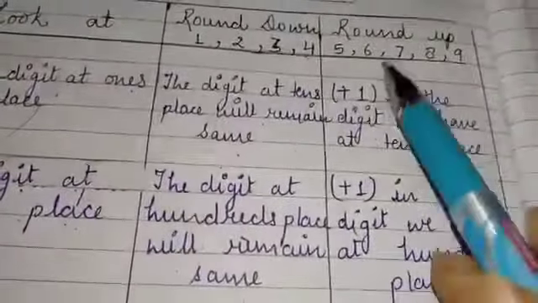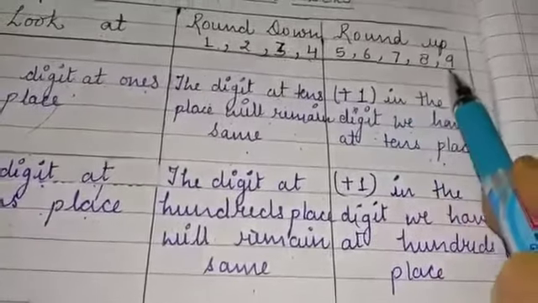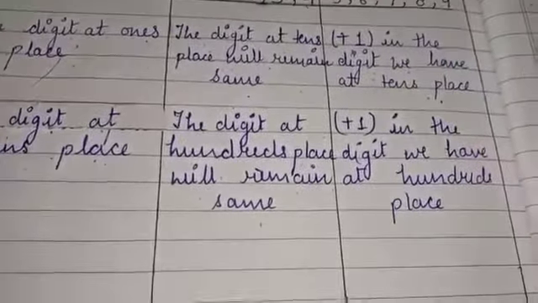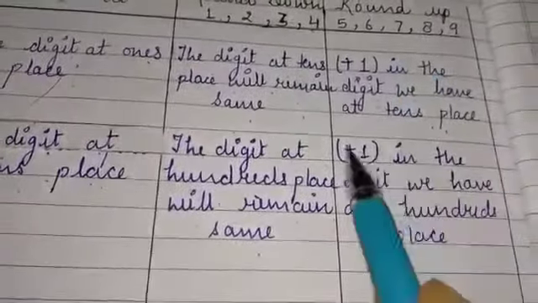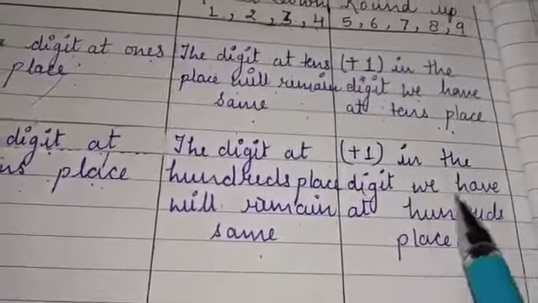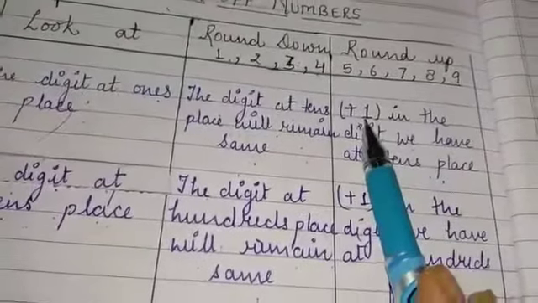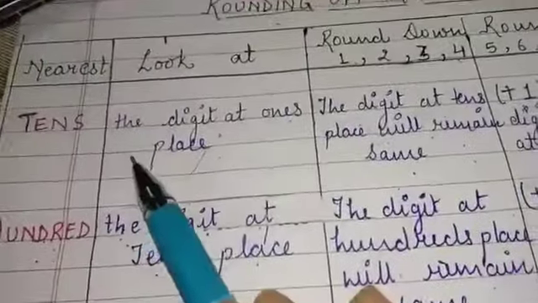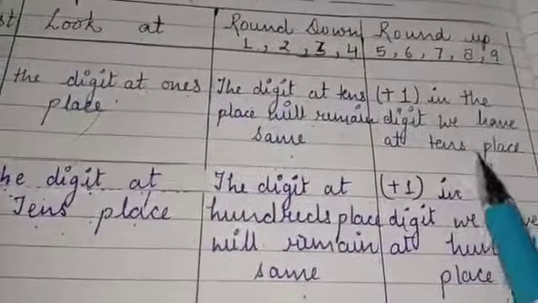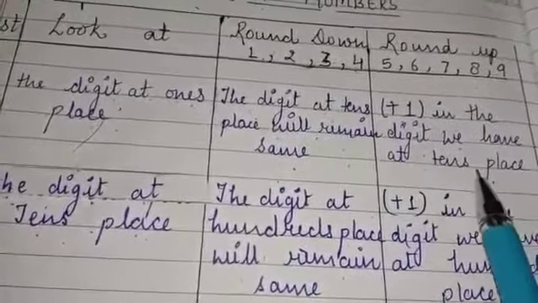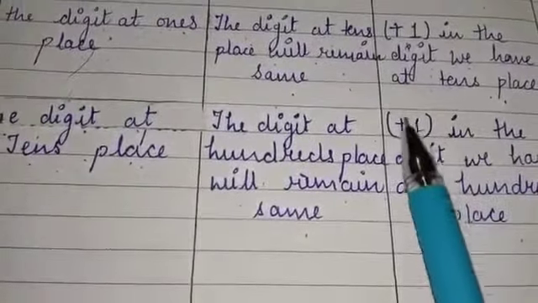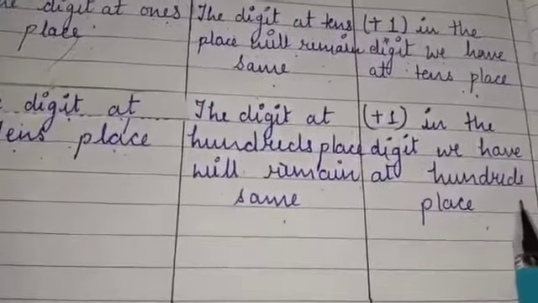And if we have 5, 6, 7, 8, 9 at tens place, then we add 1 to the digit we have at hundreds place. It is the same as what we did in nearest tens, but there we added 1 at tens place, and here we will add 1 at hundreds place.